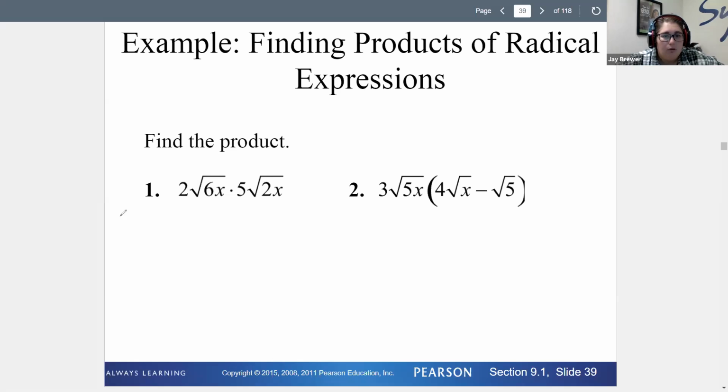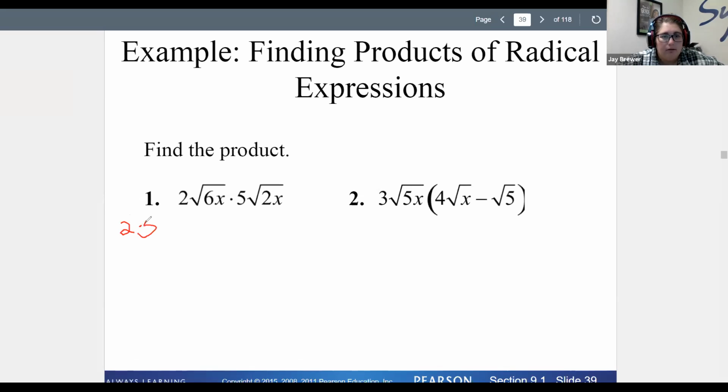So we're going to multiply the outside numbers with the outside number, and then we're going to multiply the radicands together as well. So 2 times 5 will give us 10. And then we'll have square root 6 times 2, which gives us 12x squared. Now, am I done? No, because 12x squared can actually be simplified when it's underneath the square root.